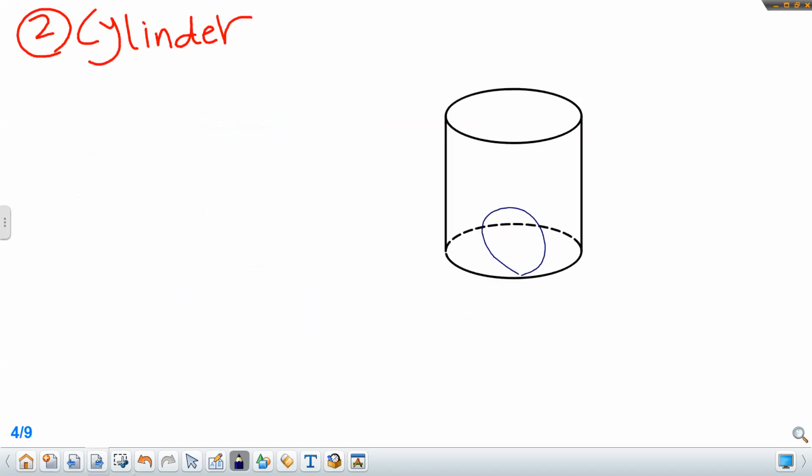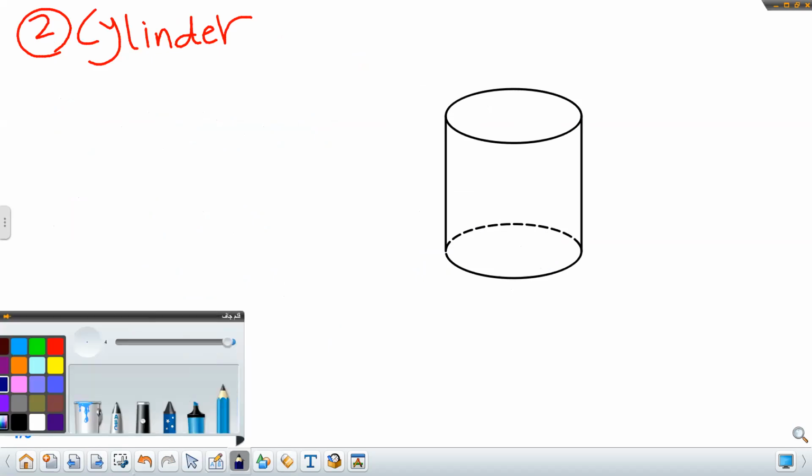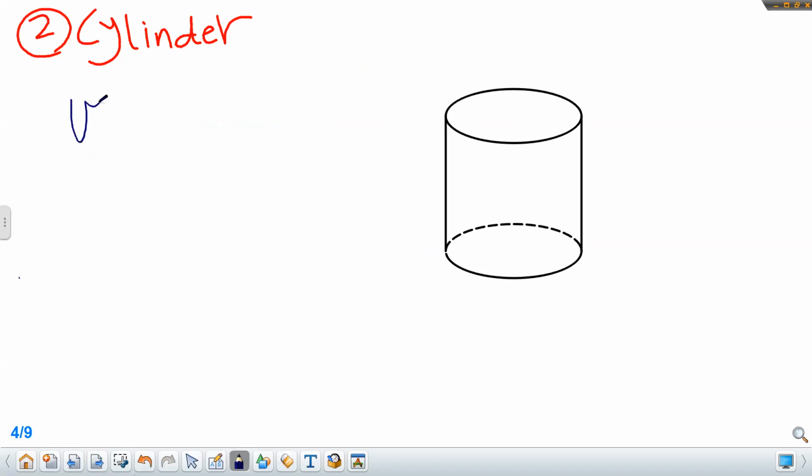Okay, next one. Number 2 is cylinder. Okay. What about volume of the cylinder? Yes, okay, the same rule. Volume of the cylinder is base area times height. But here, what about base of the cylinder? Yes, always a circle. So we can say the volume equals what?